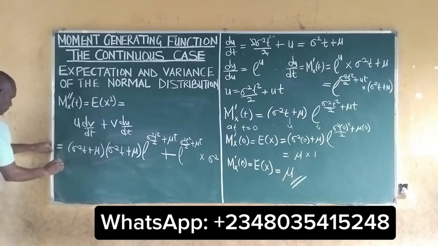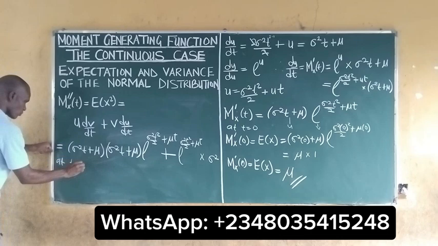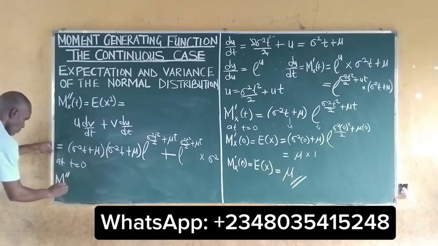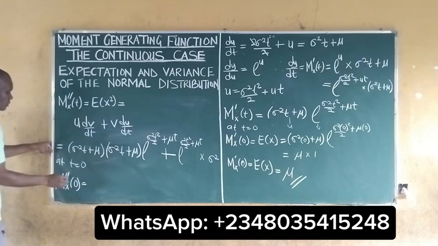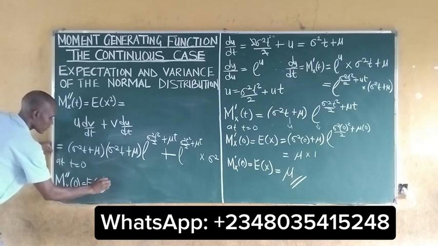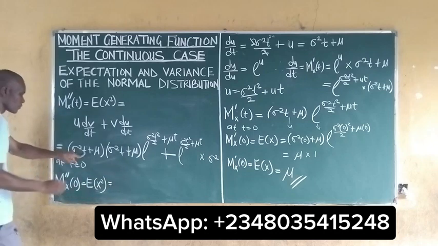So at t equal to 0, that means the second moment, which is the expected value of x squared, is equal to, anywhere we see t, we put 0.